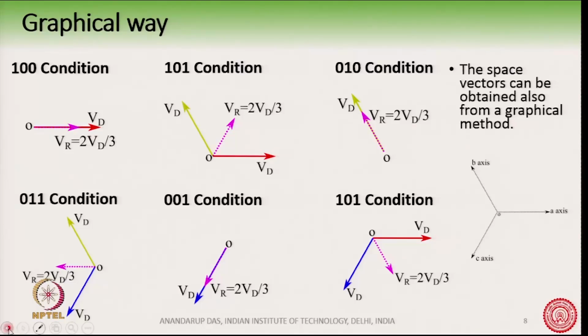The space vectors can also be obtained in a graphical way, and it is quite simple. Suppose you have the 1 0 0 combination. In the 1 0 0 switching state combination, you have a vector of magnitude 1 on the A phase axis and no magnitude on the B and C phase axes. Therefore, the resultant is 2/3 Vd here.